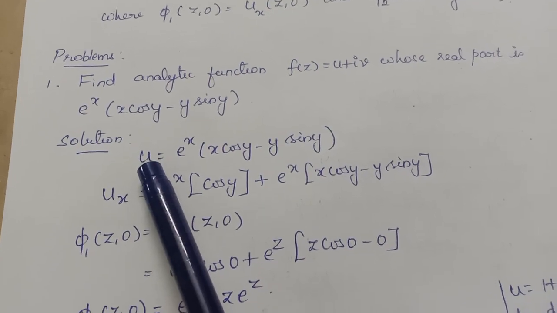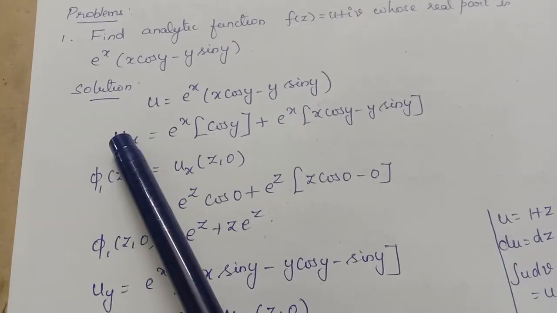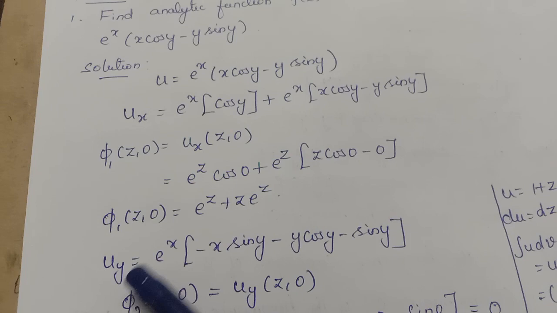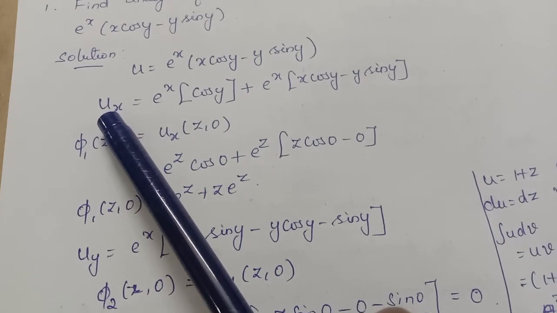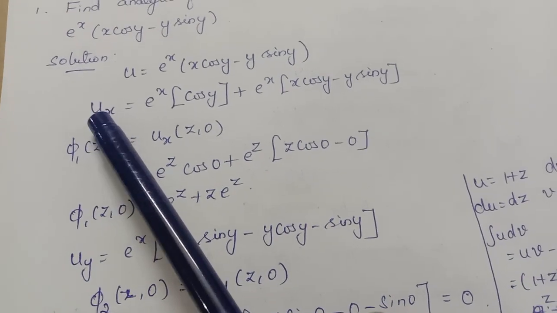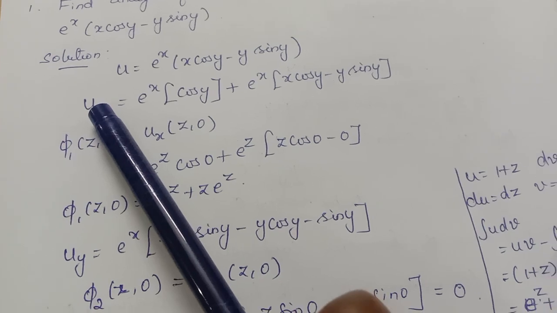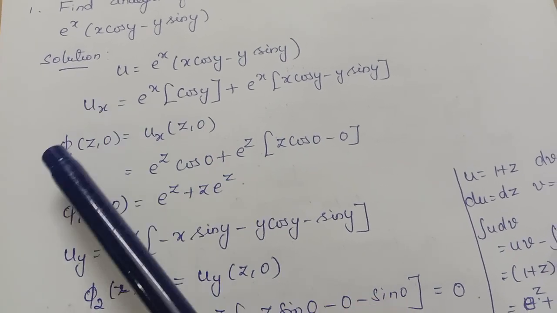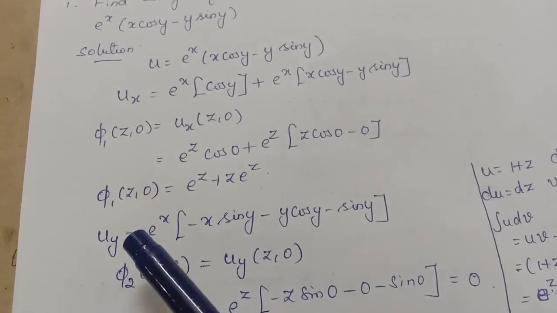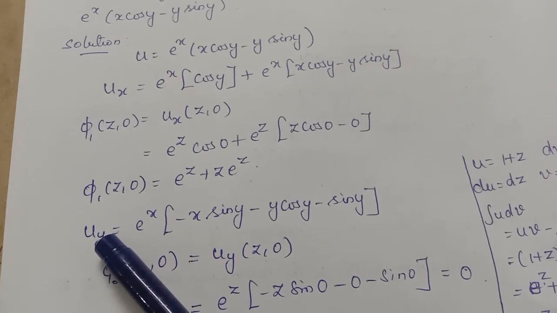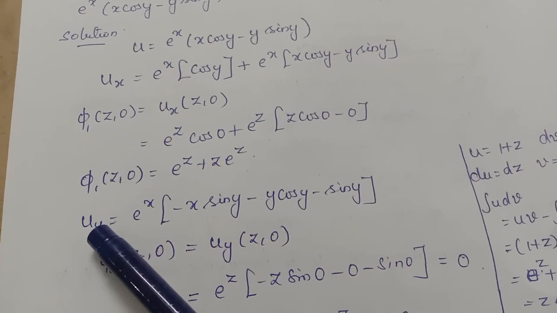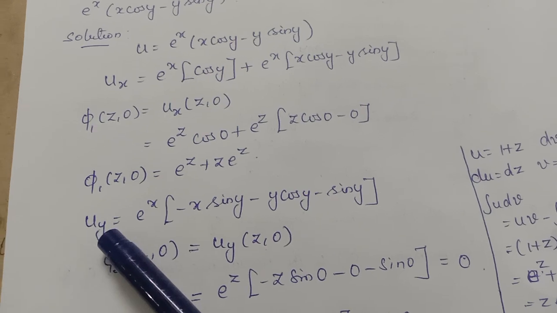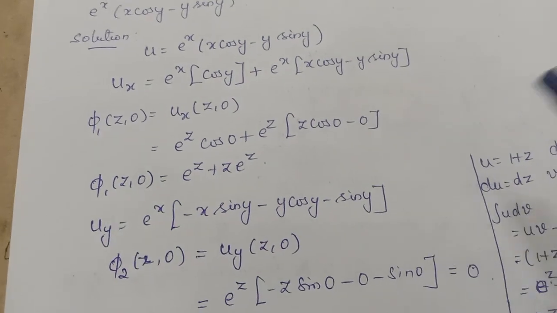From that you find the first order derivatives vx and vy. Use the CR equation. vx is equal to minus uy, so minus uy gives you phi 2. And vy is equal to ux, which is phi 1. Using phi 1 and phi 2 we can find f(z).